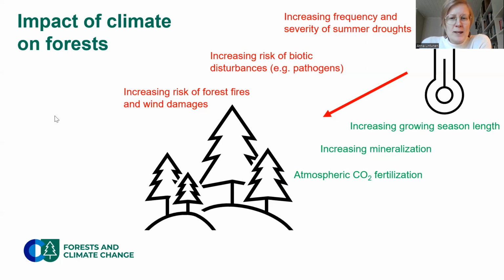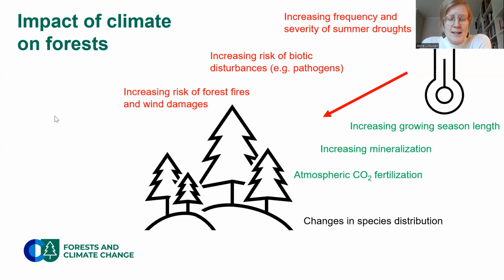You can see from these colors that some of these impacts of warming climate on forest growth are clearly negative, but some of them are such that by now they have actually increased forest growth here in the north. Then there are also changes in species distribution caused by global warming.